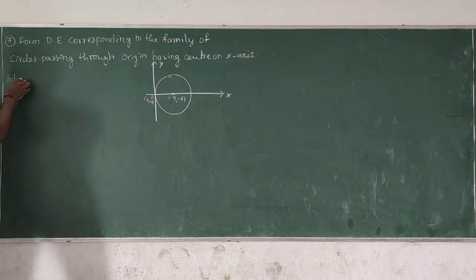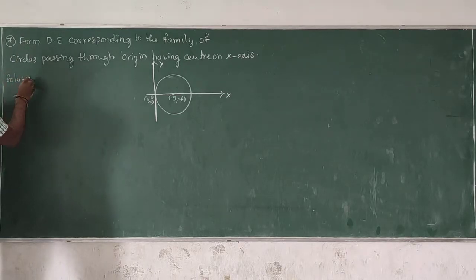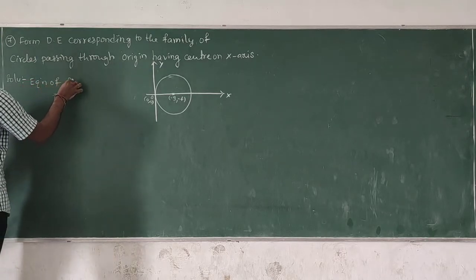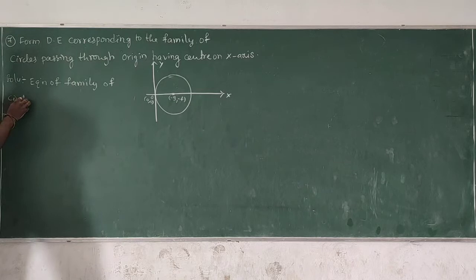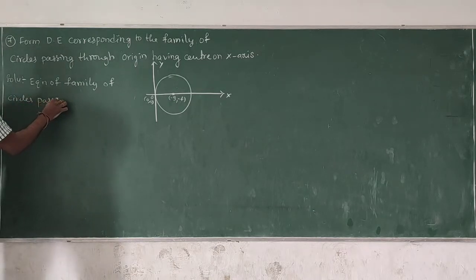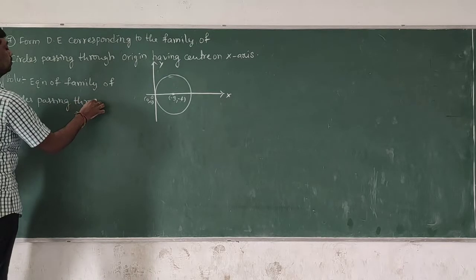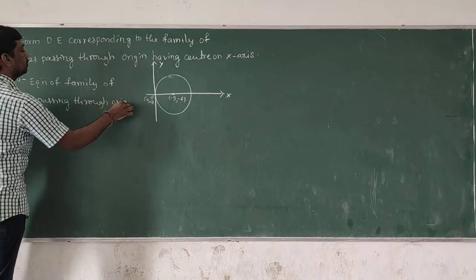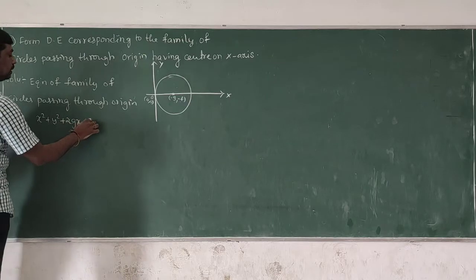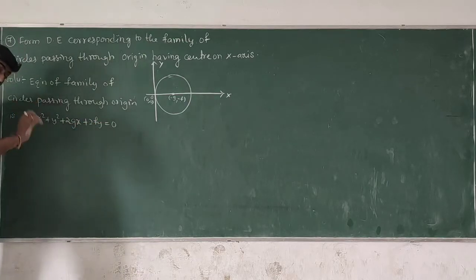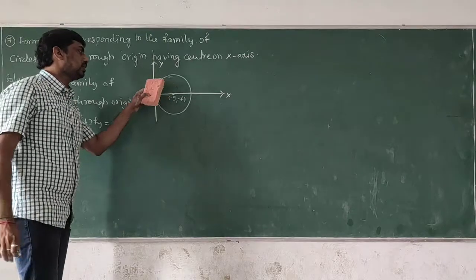Okay. Write down. First, write down the equation of the family of circles: x square plus y square plus 2gx plus 2fy plus 0, because the constant c is 0, as the circle passes through the origin.